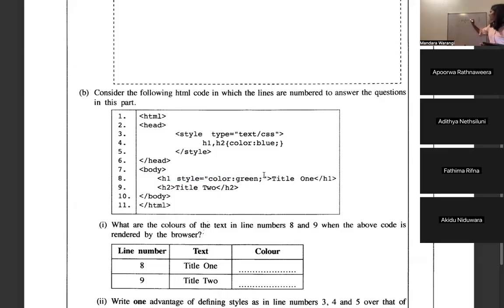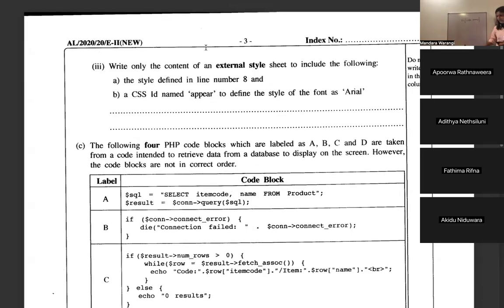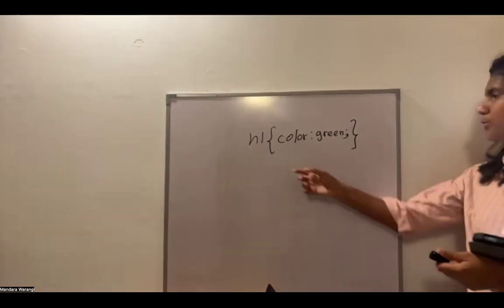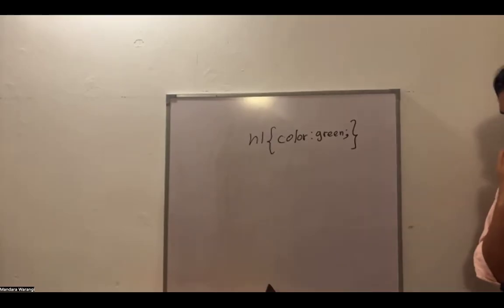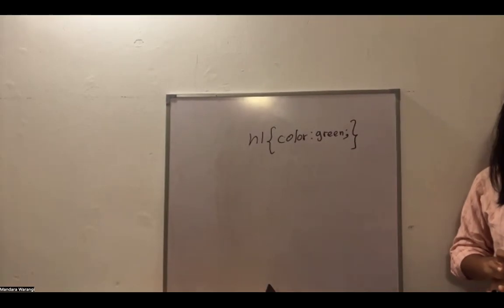What are you changing? The color. Colon, green or something, semicolon. This is how you write an external CSS. They are telling us to make line 8 into an external CSS. So this is how you can write it. Right? Okay.